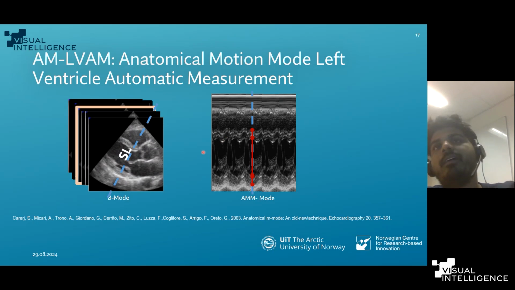So clinicians generally take help from AMM images also while performing measurements in the B mode.